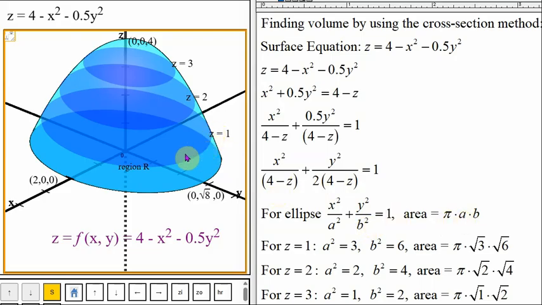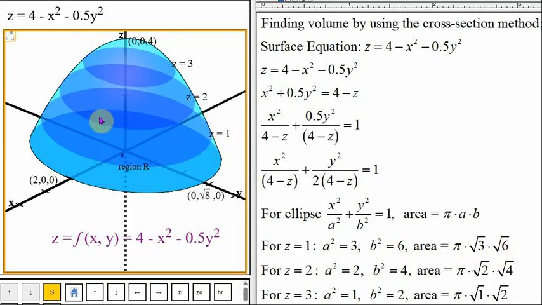For the cross section when z is equal to 1, a squared will be 3 and b squared will be 6, so the area of this ellipse will be pi times the square root of 3 times the square root of 6.